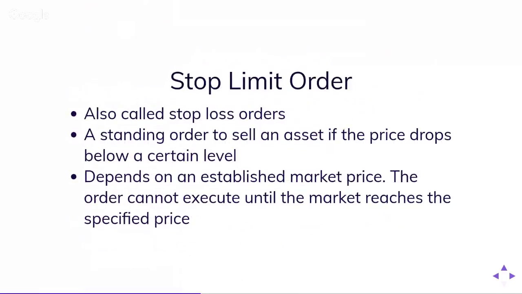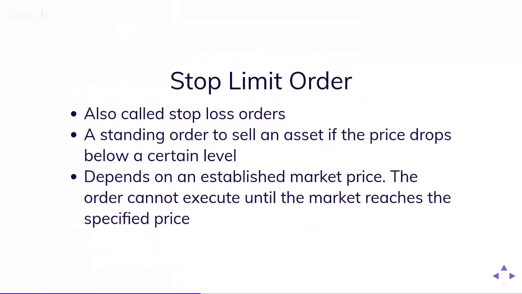When we talk about stop limit orders, also called stop loss orders, they work a little differently from buy limit and sell limit orders. Essentially, a stop limit order is a standing order to sell an asset if the price drops below a certain level.